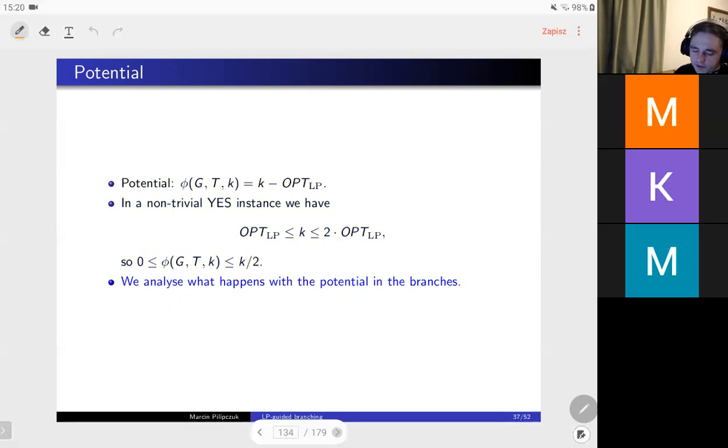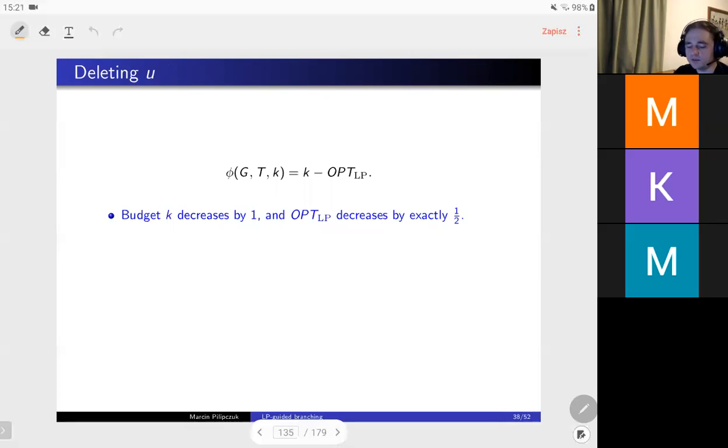Now we have the branch where you delete the neighbor of the terminal. Because the unique LP solution was halves everywhere, deleting this vertex decreases the LP by only half, because this really corresponds to forcing this vertex to be 1 in the LP. It pumps up the LP by half, and then you delete this vertex and decrease k by 1.